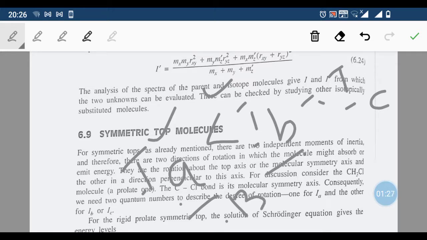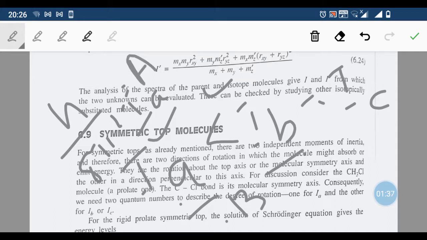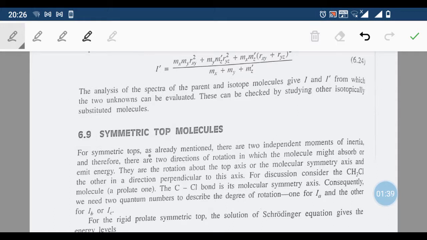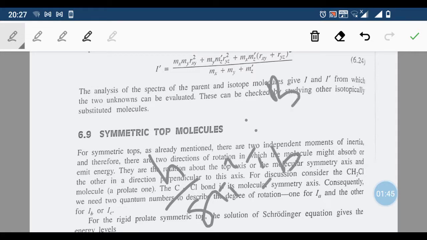Corresponding to IA we will have h divided by 8 pi square IA, which is the rotational constant A, and if we take h divided by 8 pi square IB, then that constant we term the rotational constant B. So we have two different types of rotational constant in the case of prolate symmetric tops.